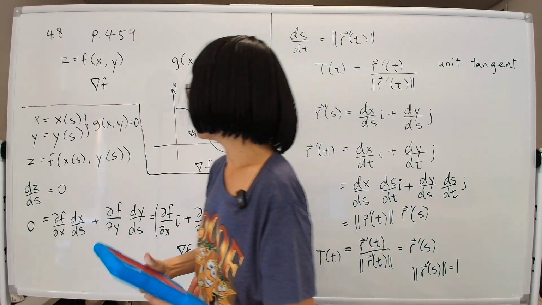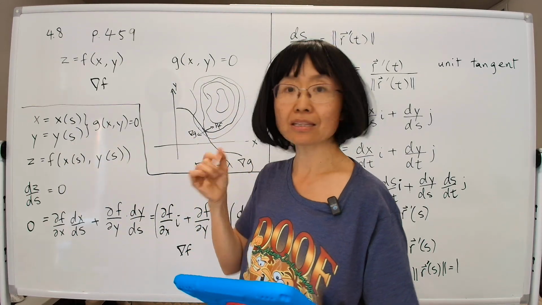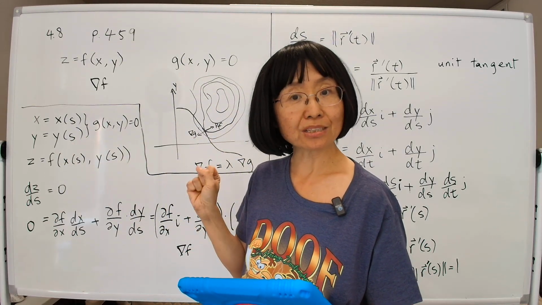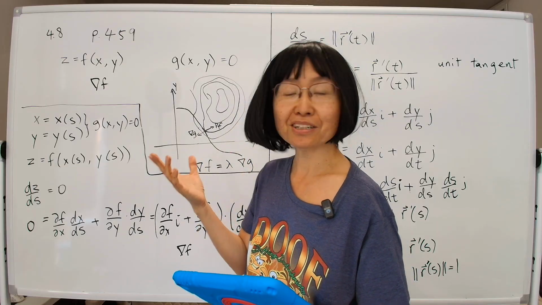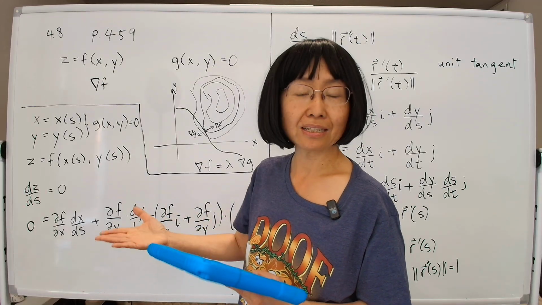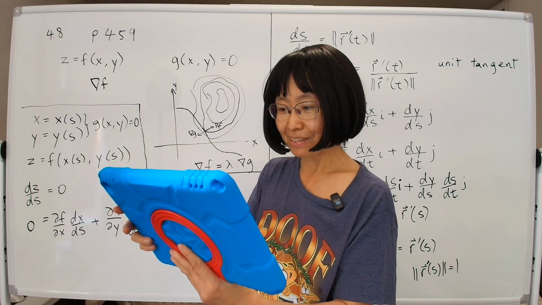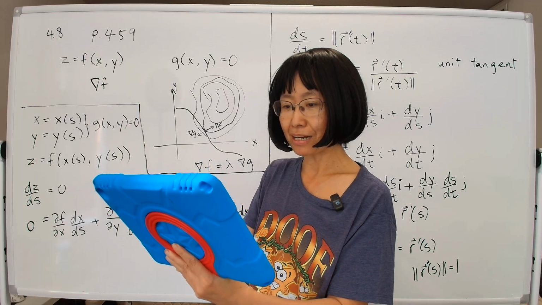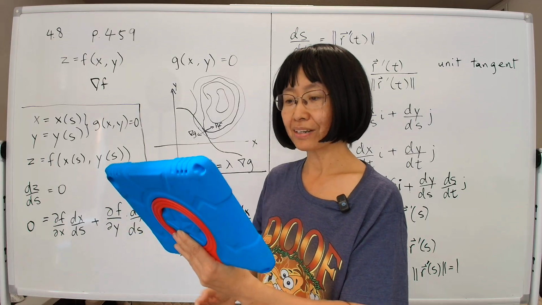But the s isn't just any old s. It's the arc length parameterization. Why do we use arc length? I'm not sure. It's nicer, I guess. You can use any parameterization, so why not use the arc length? So it's specifically mentioned that s is the arc length parameter.